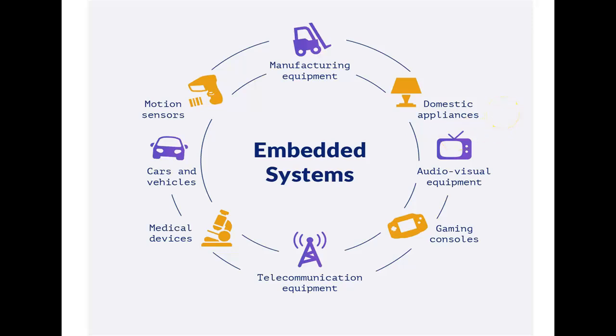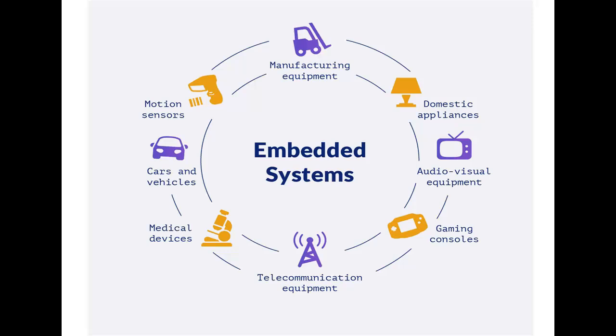We'll see the diagram of the embedded system. In this diagram, a number of applications are there, like manufacturing equipment, domestic appliances, and audio visual equipment, all types of embedded systems. The gaming consoles which we use for games are a type of embedded system.